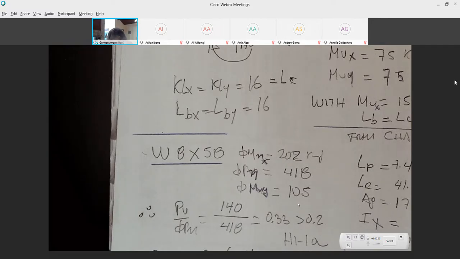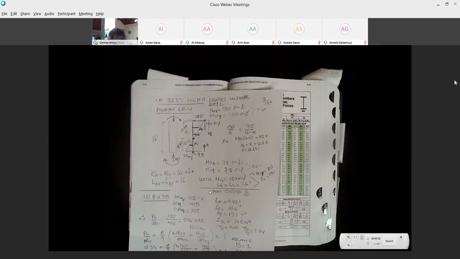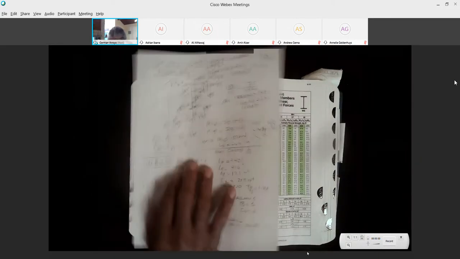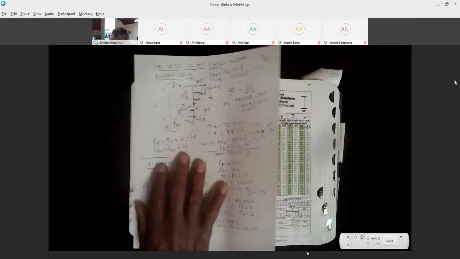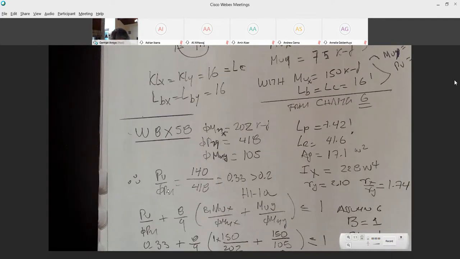Right now, the only thing that I need to know, I have to divide it. P to U over phi P to N, like we normally do to see which equation control. We have to go to chapter 6.